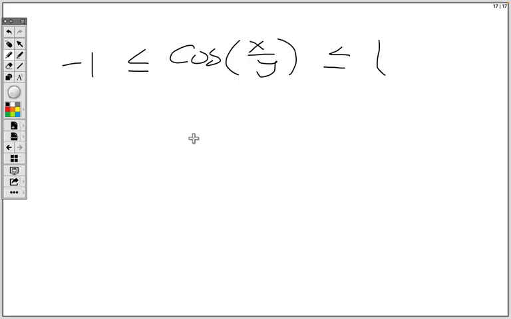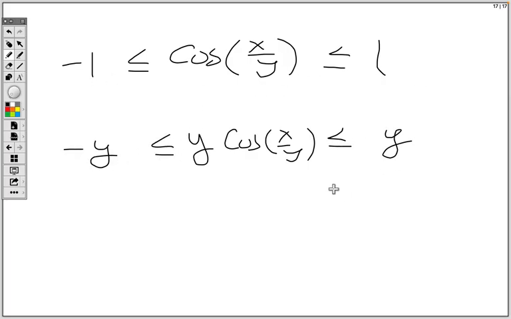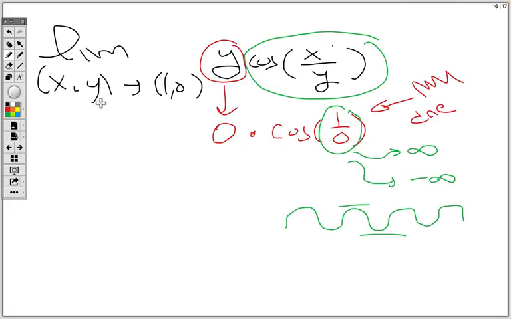Think of this y now as being sort of the amplitude of this. Now it's tempting to just multiply through this inequality by y to get this. But y is coming into 0, so y could be coming into 0 from the right, in which case it's positive, or it could be coming in from the left, in which case it's negative.